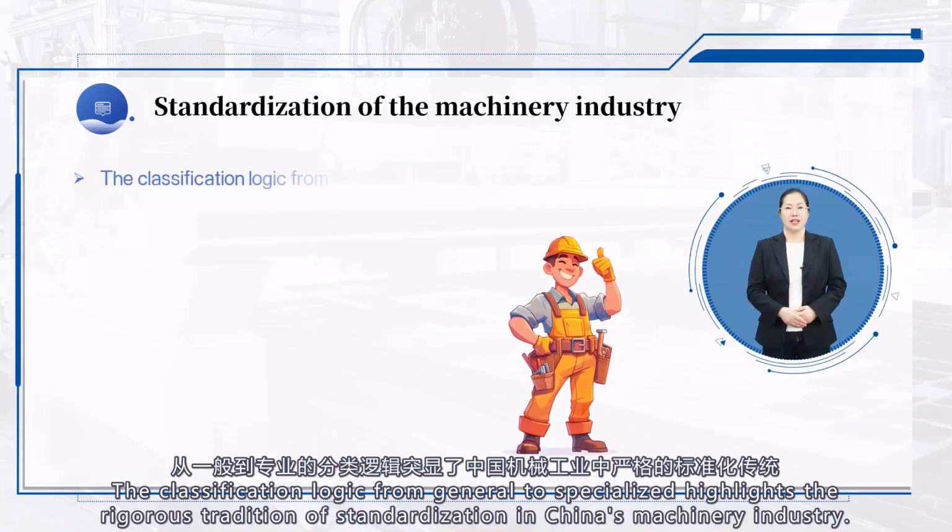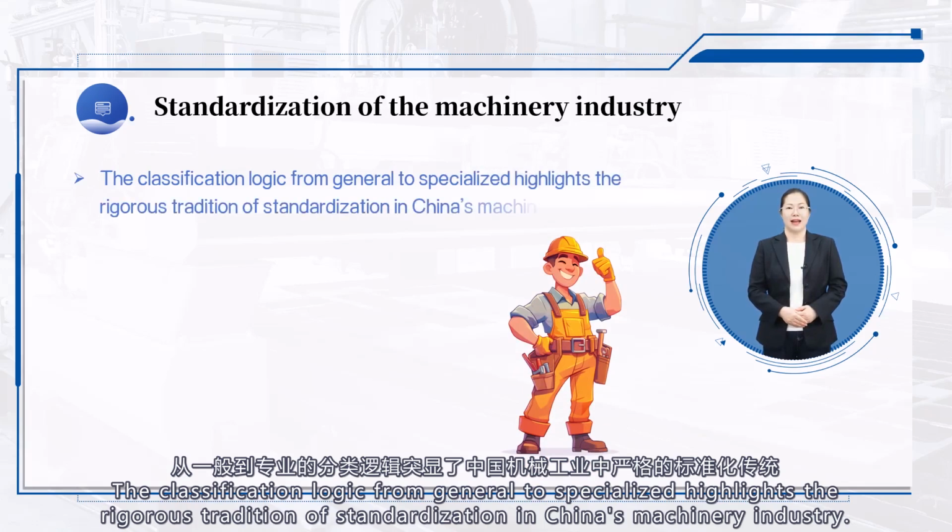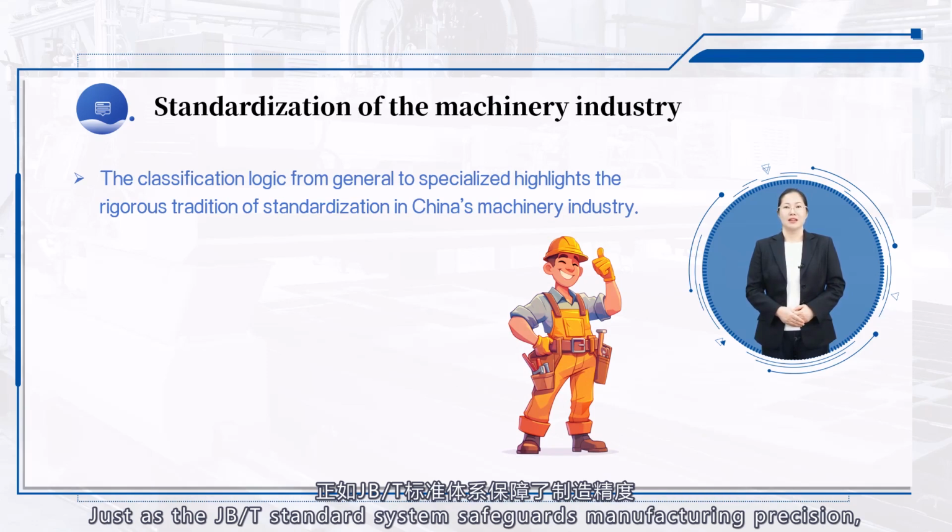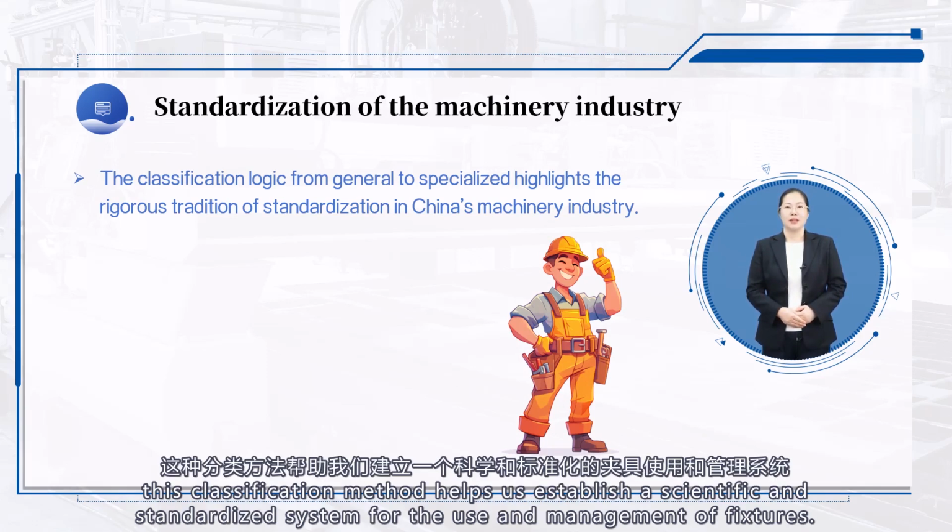The classification logic from general to specialized highlights the rigorous tradition of standardization in China's machinery industry. Just as the JBT standard system safeguards manufacturing precision, this classification method helps us establish a scientific and standardized system for the use and management of fixtures.